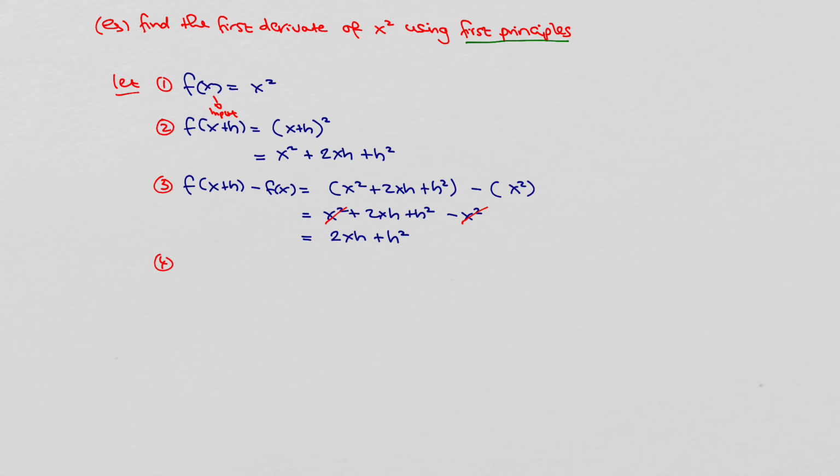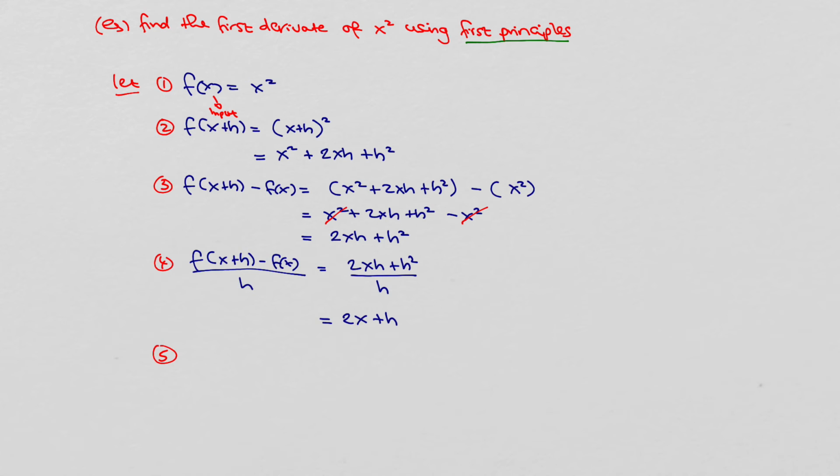Step 4 is where we're going to divide by h. So that means we take 2xh plus h squared, and I divide by h. So 2xh divided by h leaves me with 2x, and h squared divided by h leaves me with h.